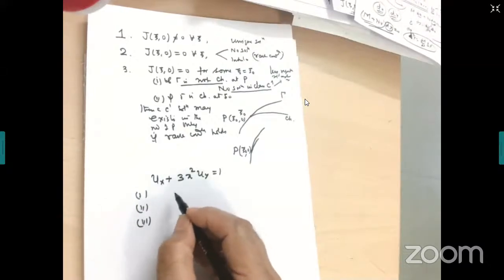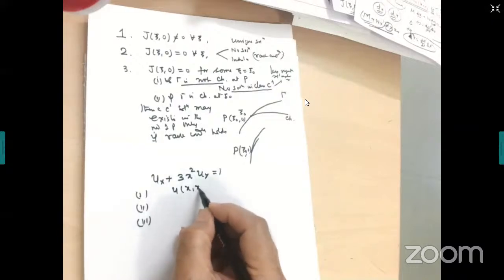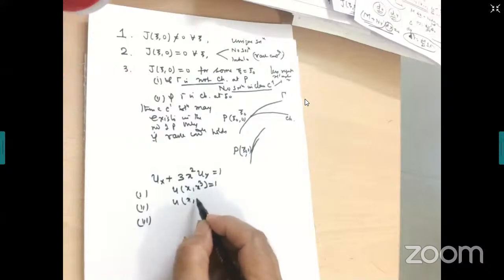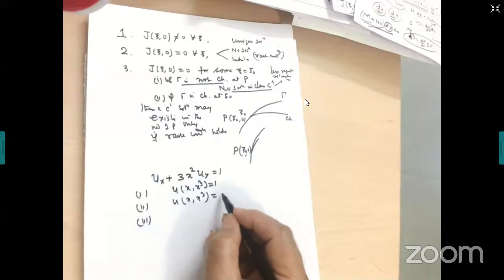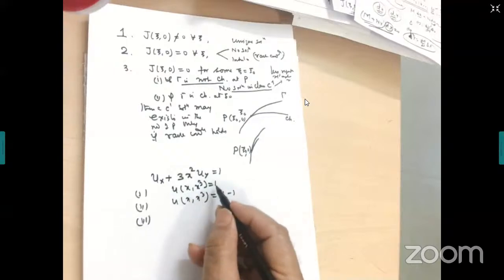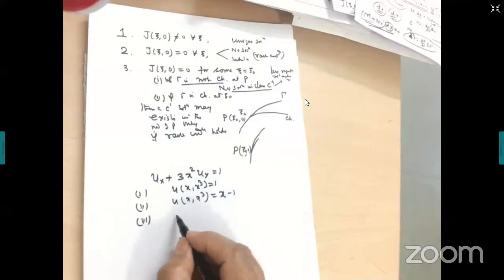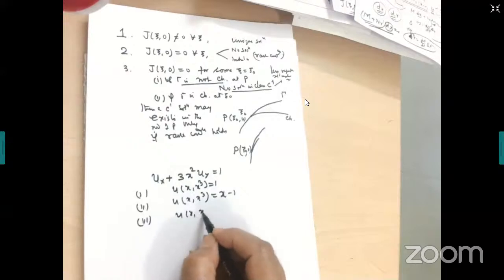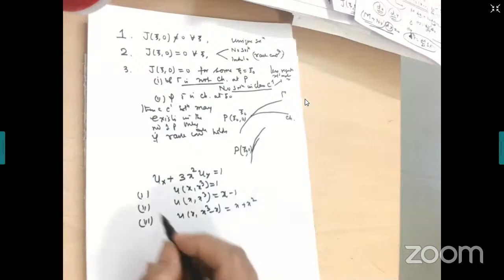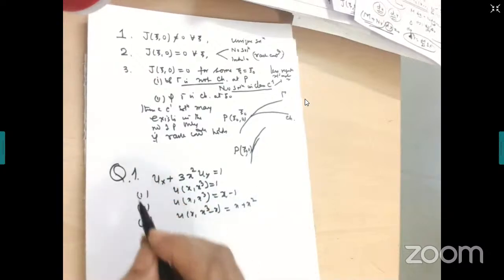First, u at x cube is equal to 1, u at x cube is equal to x minus 1, which I have already done. The third case, u at x cube minus x is equal to x plus x square. This is question number 1.